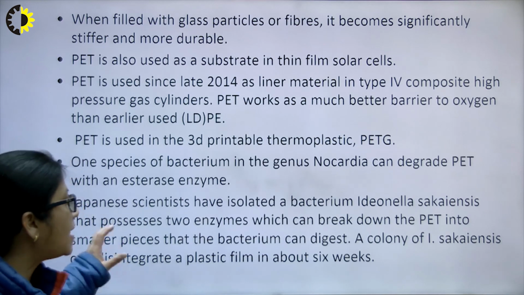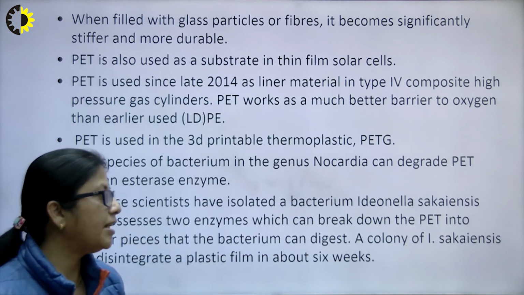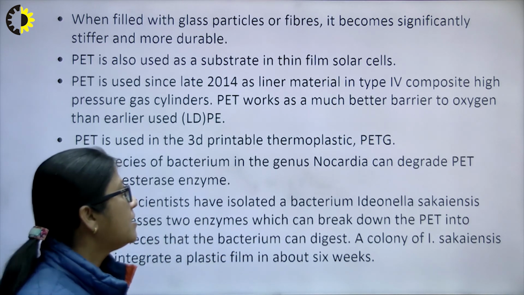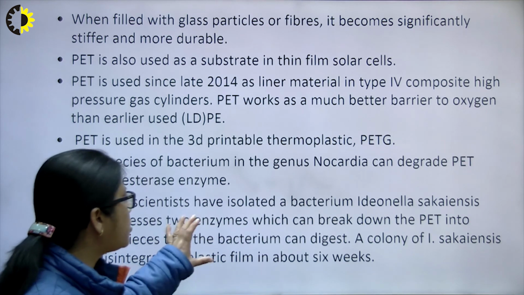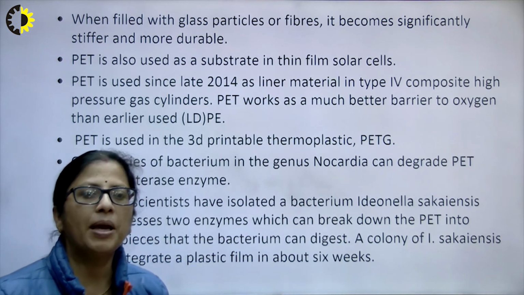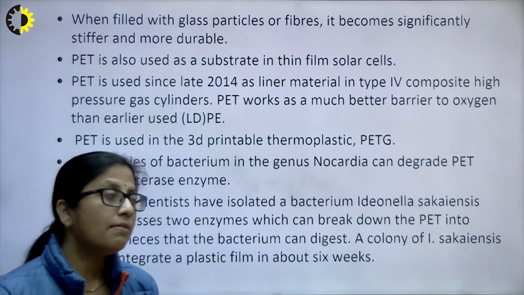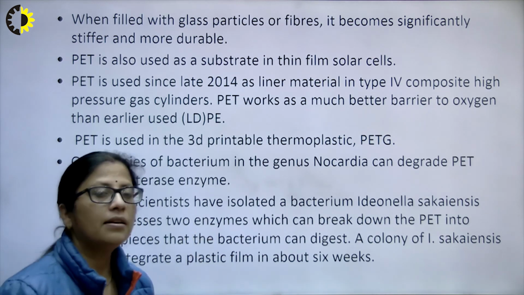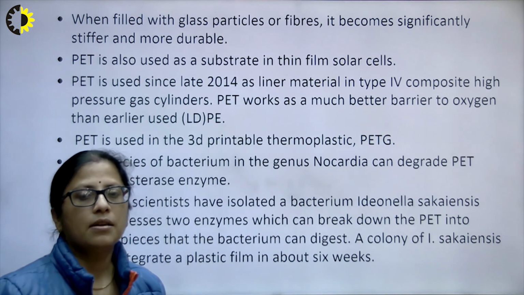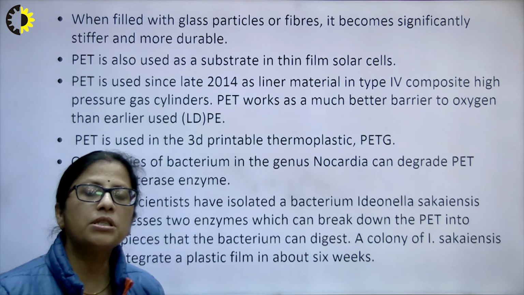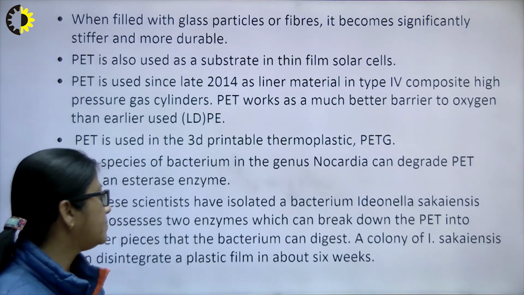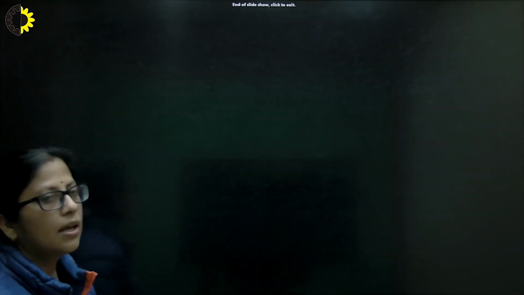And Japanese scientists have also isolated a bacterium, Ideonella sakaiensis, that possesses two enzymes which can break down the PET into smaller pieces that the bacterium can digest. And this work can be completed in about 6 weeks time. Thank you.